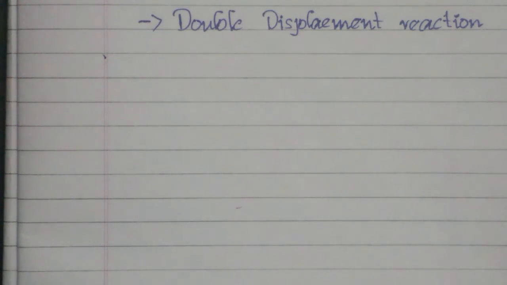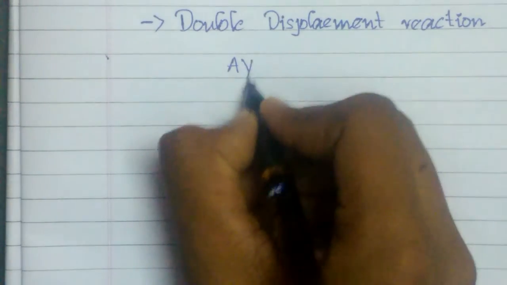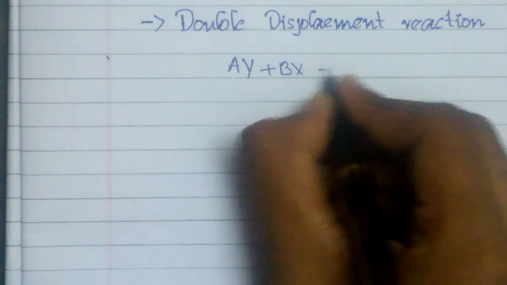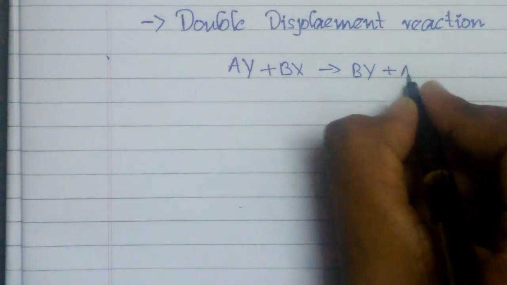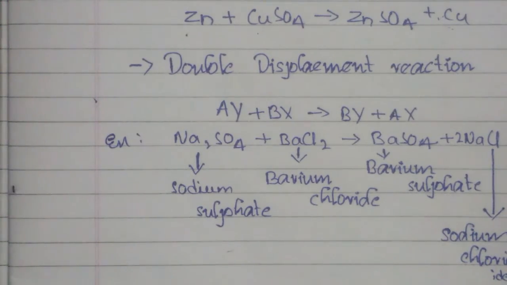We can represent double displacement reaction as AY plus BX gives BY plus AX. An example is Na2SO4 plus BaCl2 gives BaSO4 plus 2NaCl.